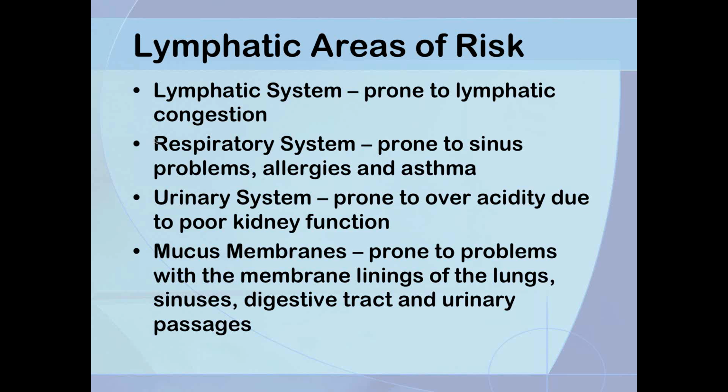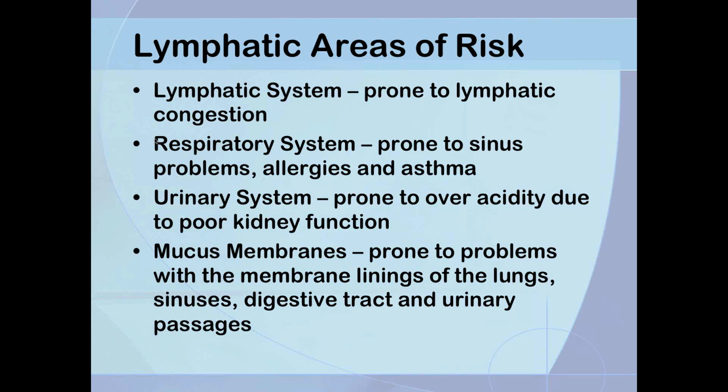There also tends to be a problem with the urinary system, inefficient filtration of waste acids from the body due to inherent poor kidney function. Now, these are very general tendencies, and there are other signs and indicators that exacerbate these and make them more serious risk factors, which we'll look at some examples of as we go along.